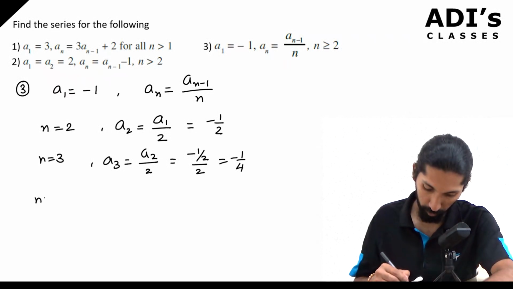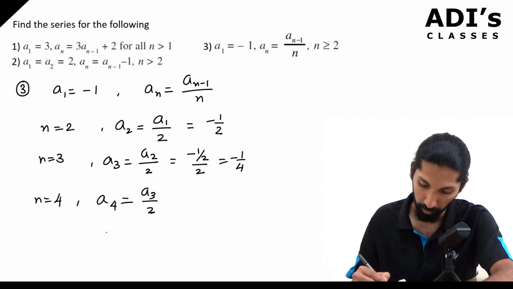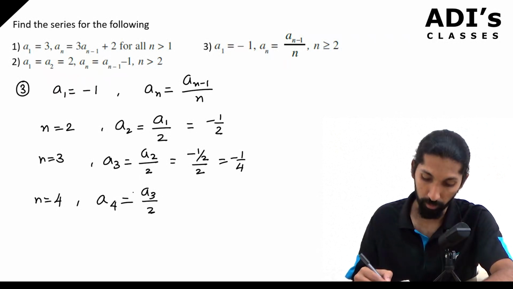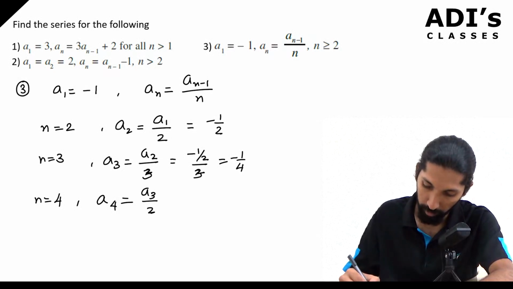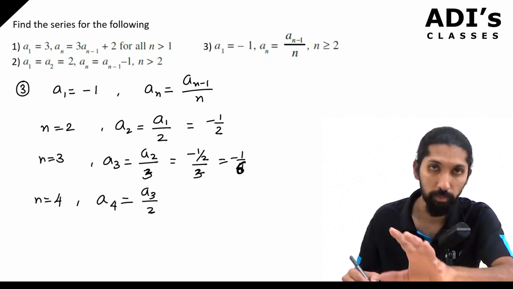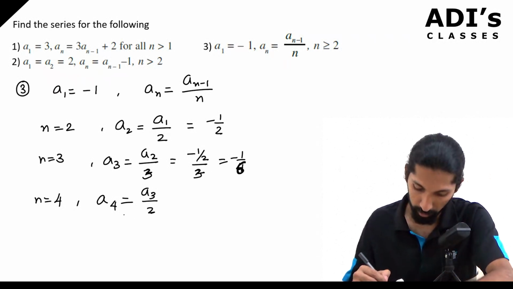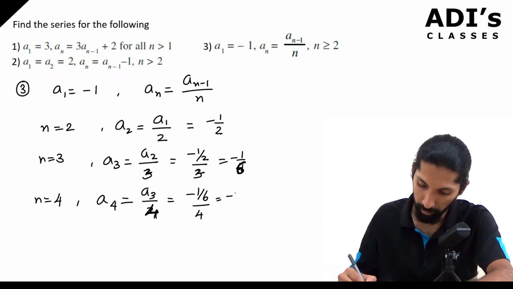Next, n is equal to 4. a4 is going to be a3 divided by 4, right? Which will be minus 1 by 6 by 4, which is minus 1 by 24.